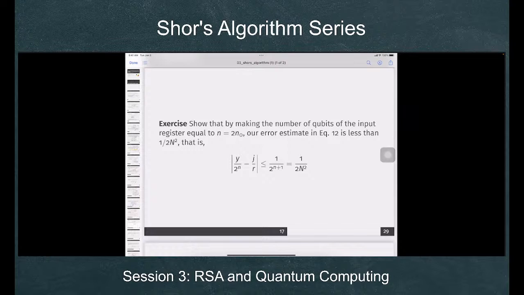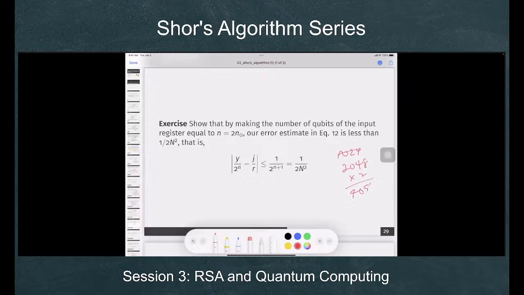So if you multiply that by 2, 2048 times 2, it will give you 4096.